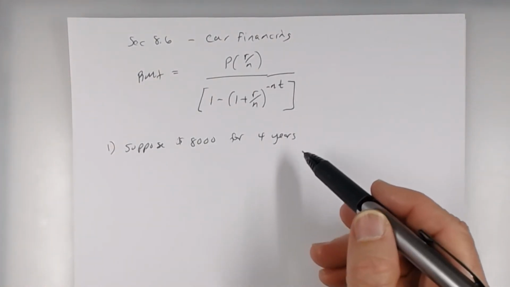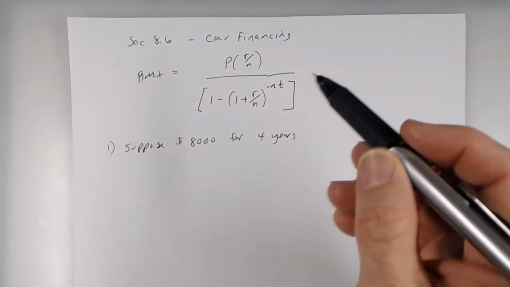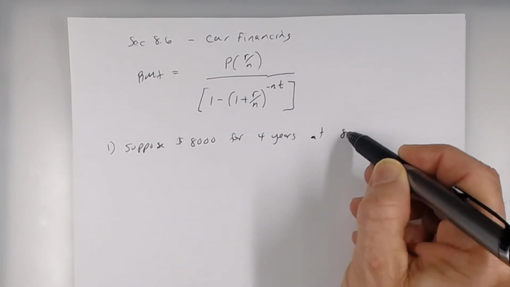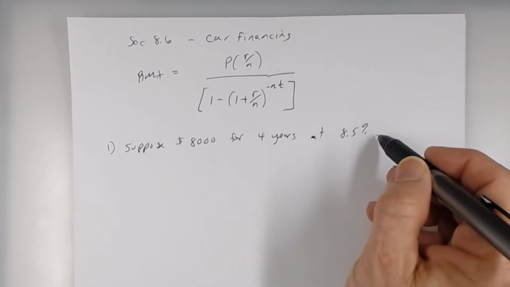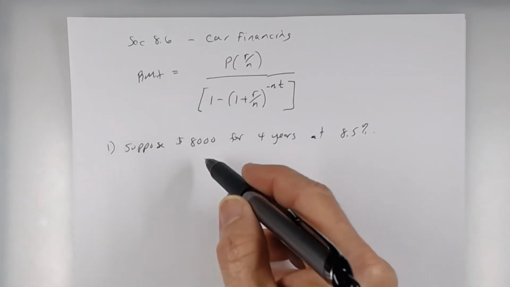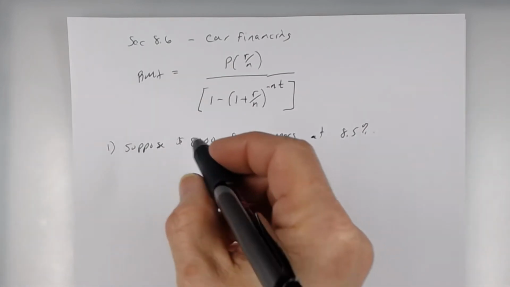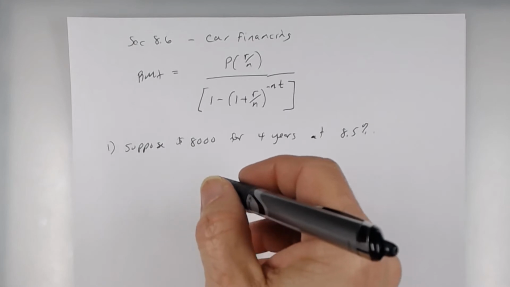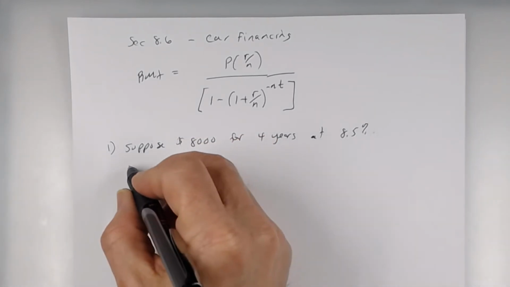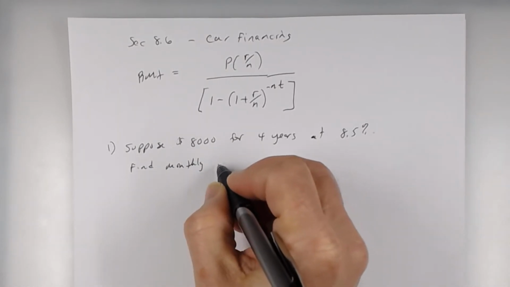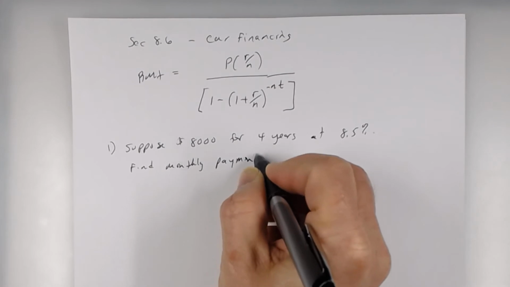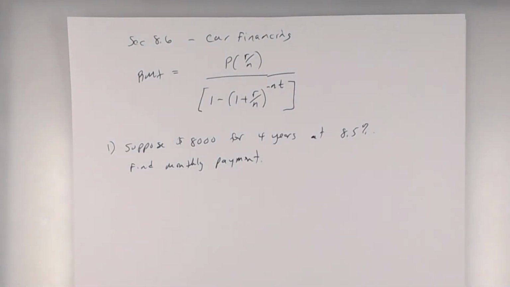It's for 4 years at 8.5%, and you want to find the monthly payment. It's very important that you know how to use your calculator with this, because your test on this is in 2 weeks.